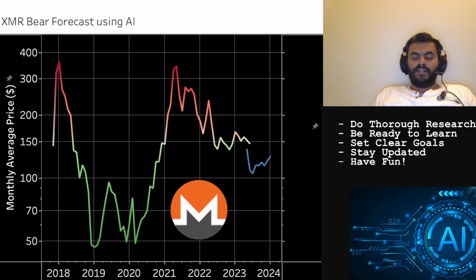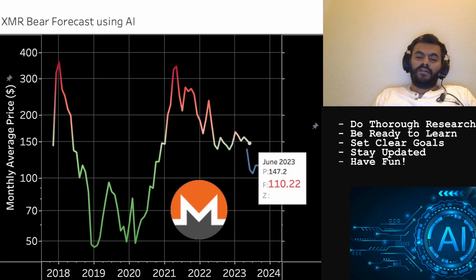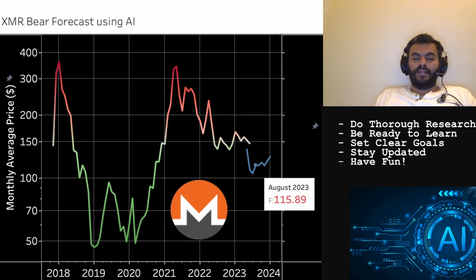The third case is the bear case, and this is basically straight down from where we are, because as you see, even in June the actual price was 147, whereas the forecast was 110. So the actual price is quite a bit higher than the forecasted price, but nonetheless, because this is a bear case scenario, we would like to continue with this model, although there is some divergence from reality.